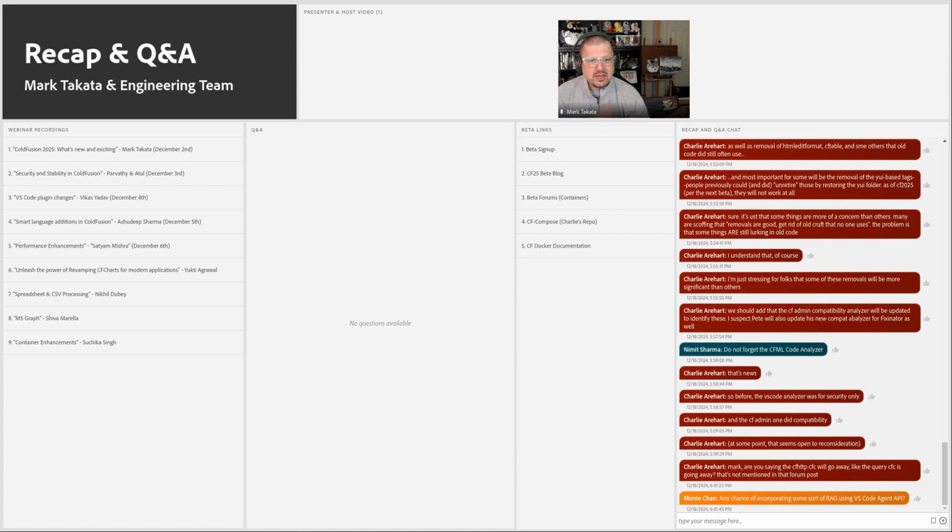Oh, some kind of RAG using the VS Code Agent API. No, sorry. What I'm saying is that there's older stuff that happens that way. The HTTP is not going away, as far as I know. Nimit, that's not going away, right? But the query one is. The new query. No, as per the documentation, all the CFCs that are available will go away.